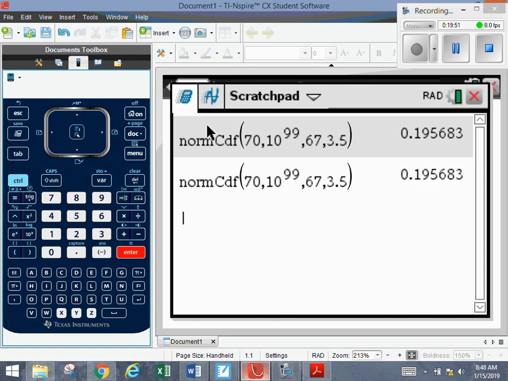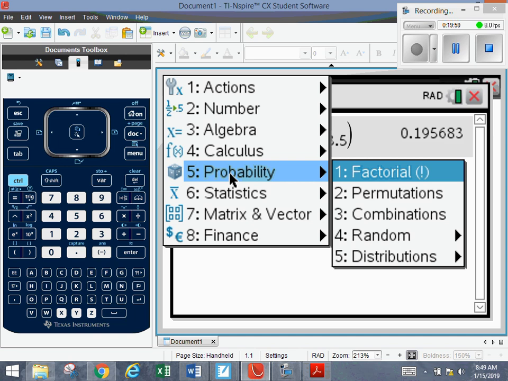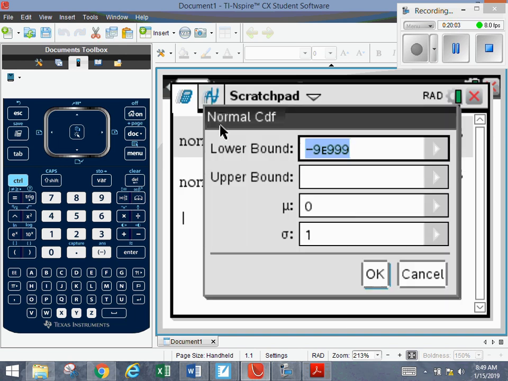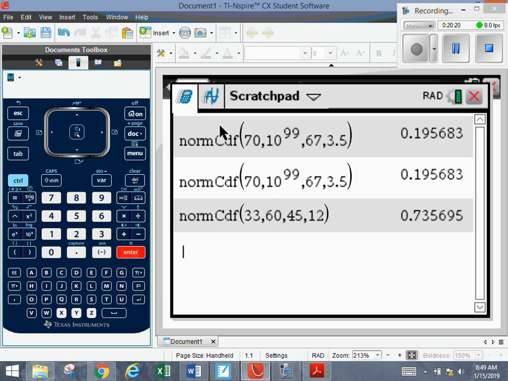So I go to my calculator, I hit menu. Probability distribution, we're going to go normal CDF. Now our lower bound was, what did you say? 33? Upper bound, 60. Mean was 45, standard deviation 12, right? We hit OK. Boom, it cranks it out.